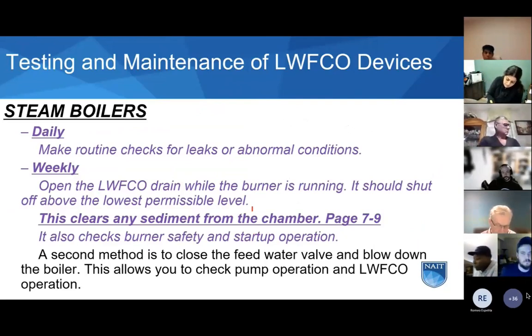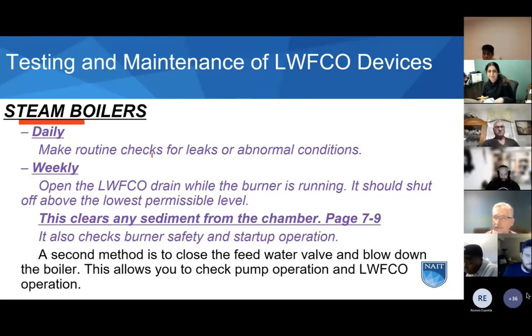Page 7.9 starts with steam boilers, and we have daily, weekly, monthly, and then on page 7.10, it talks about hot water boilers. So it's kind of a similar checklist, just things that are different between steam and hot water boilers. So steam boilers, routine checks, as normal, just pay attention to stuff, right?